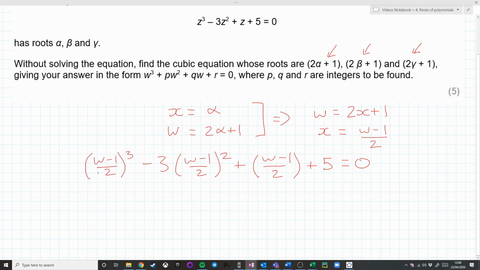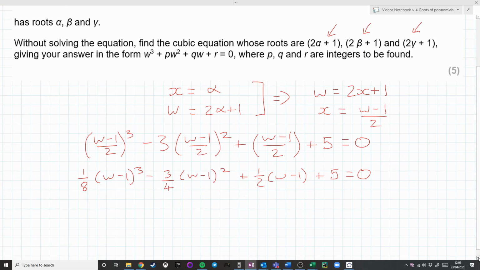So the first step I'm going to do is to bring out all of these 2's. So this is going to be 1 over 8 (w minus 1) cubed, because it's 2 cubed. This is going to be 3 over 4, because that's 2 squared, (w minus 1) squared. And this is going to be 1 over 2 (w minus 1) plus 5.